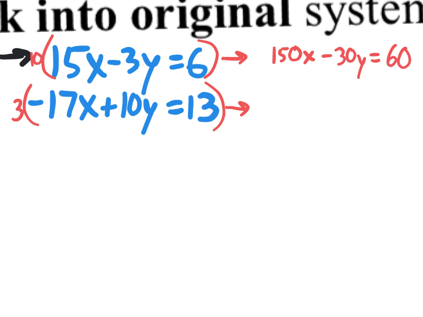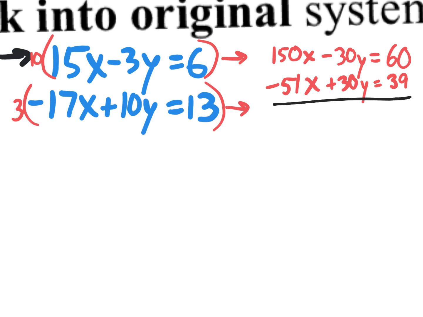That's negative 51? Yeah. Negative 51, talking about x's. And 3 times 10 is 30. That's pretty easy. 30 y's. And then 3 times 13, that's 39. And like I said, these numbers are starting to scare me, but let's just keep moving forward.